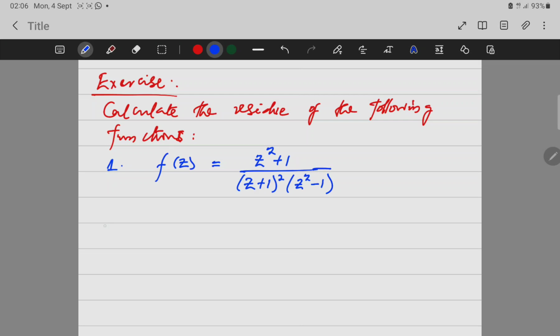So calculate that. 2. f of z equals 5z divided by (z plus 2) raised to power 3.